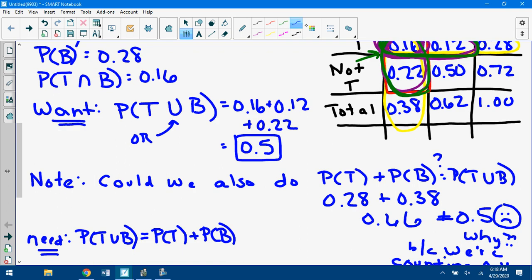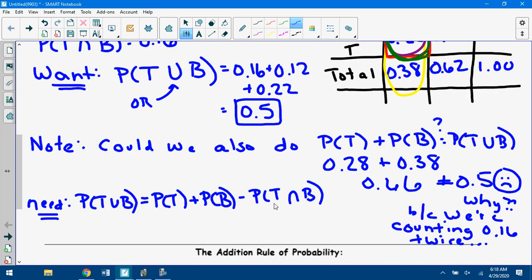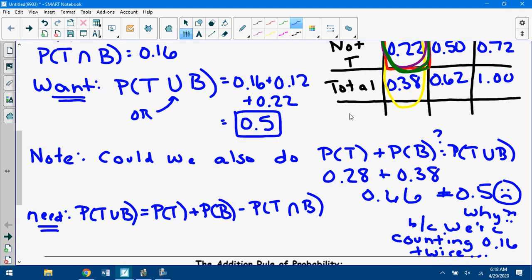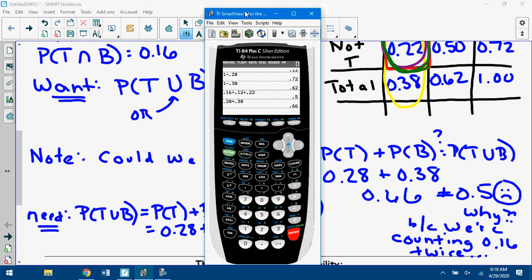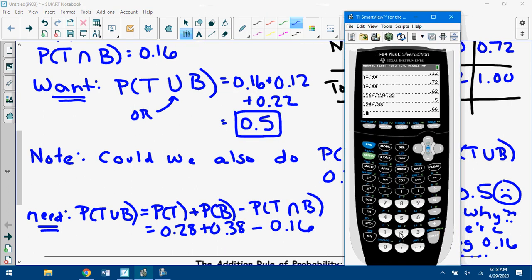So this counts it twice, so just subtract off the probability of the overlap. And again, we have to subtract off the overlap because we counted it twice. The probability of T was 0.28, plus probability of B was 0.38, but then subtract off that overlap of 0.16, and then see what you'll get. 0.28 plus 0.38 minus 0.16.